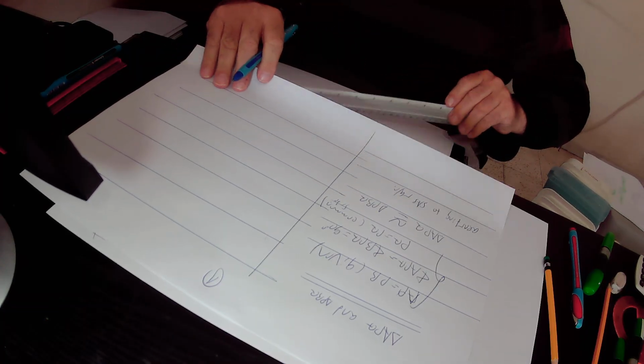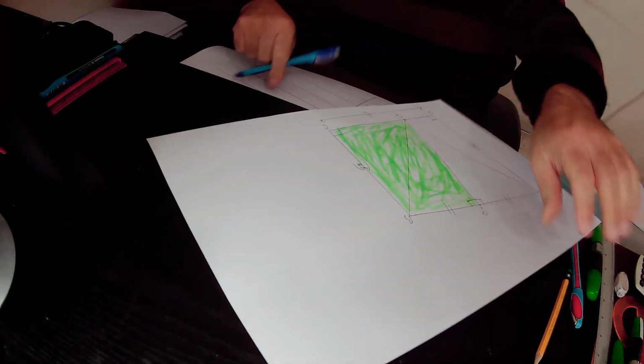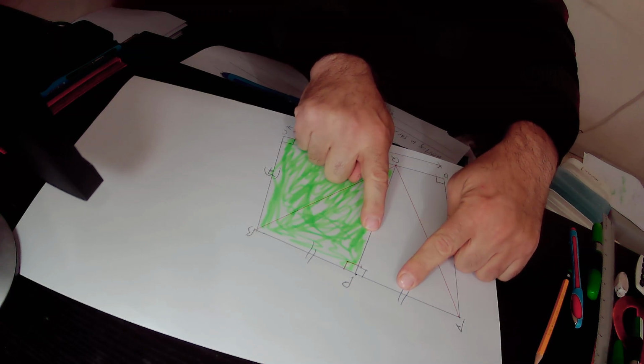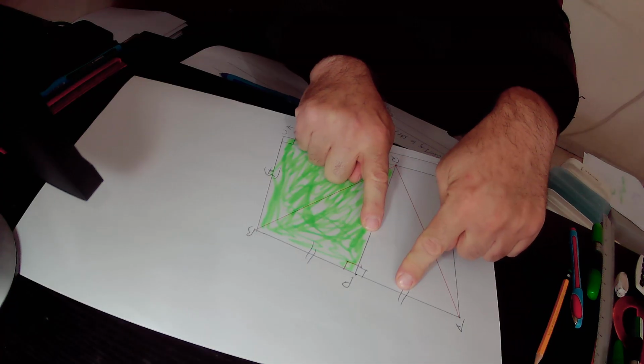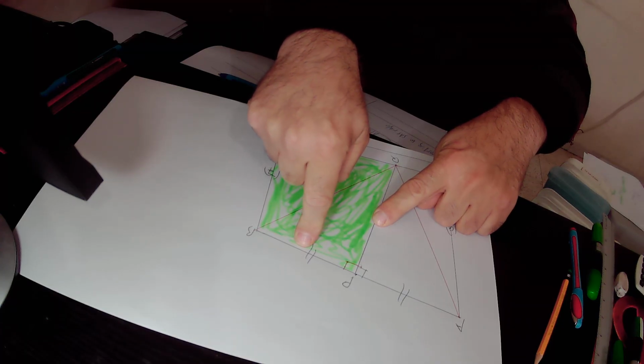That is to say, we found that those two sides and the angle included between them in this right triangle APQ are equal to those two sides and the included angle in this green triangle BPQ.